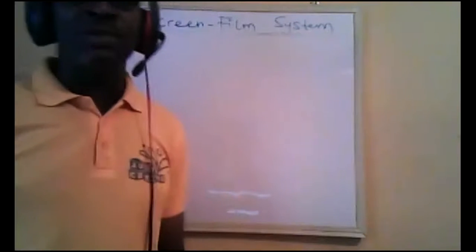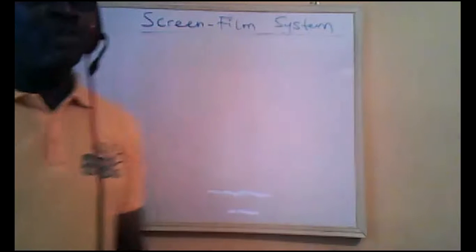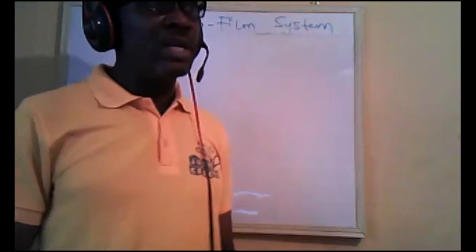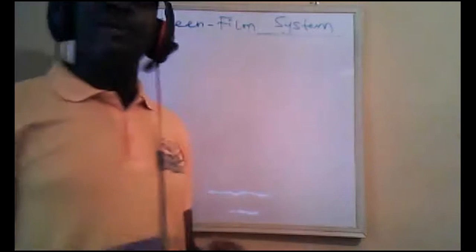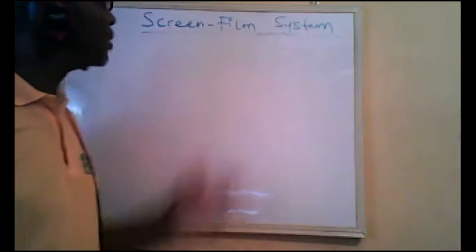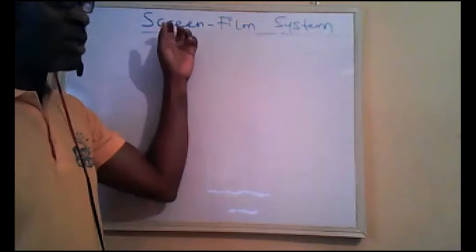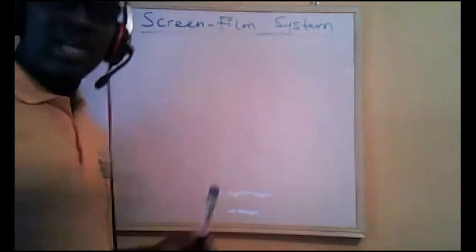And depending on the imaging modality we are using, we might require one type of film, one type of screen or the other. By screen, as we introduced last time, we just mean the light sensitive part of the screen film system, the one in which X-ray falls on it, and then from there, light is emitted. Of course, screens are actually phosphors.